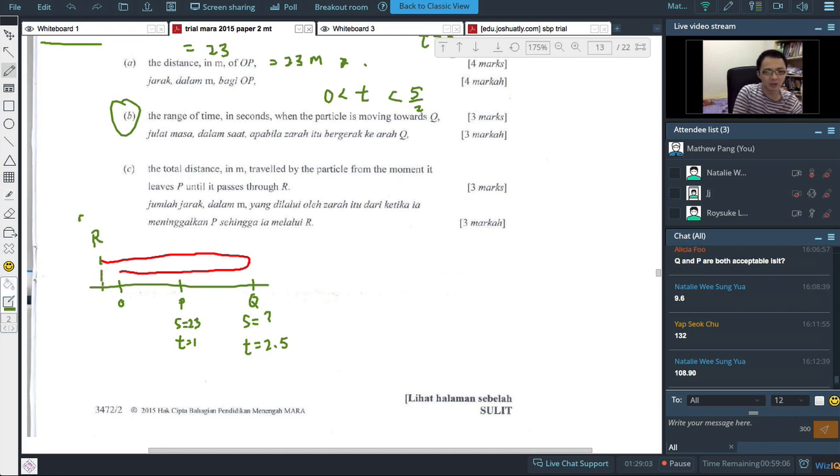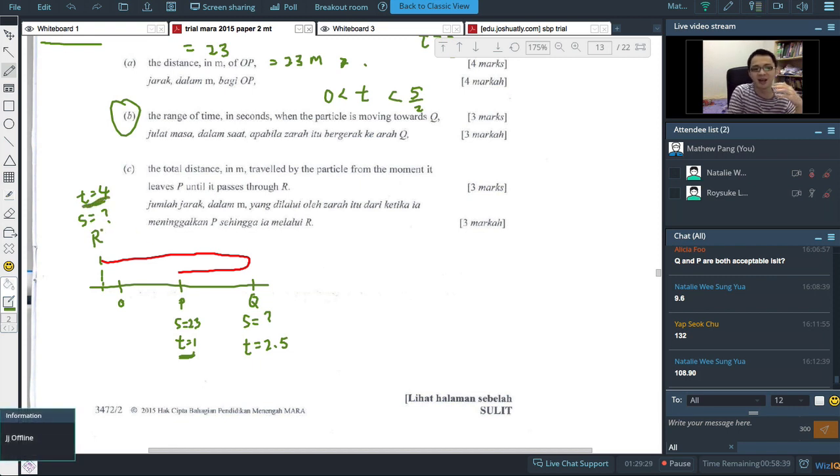I do not know what S is for R, but I know the t for R is 4. So randomly I have some idea. But now the question does not want you to depart from origin. The question wants you to depart from P. So I erase this part. I will start at P. So that means I want to find the total distance from time equals 1 until time equals 4, because at R itself the time equals 4.